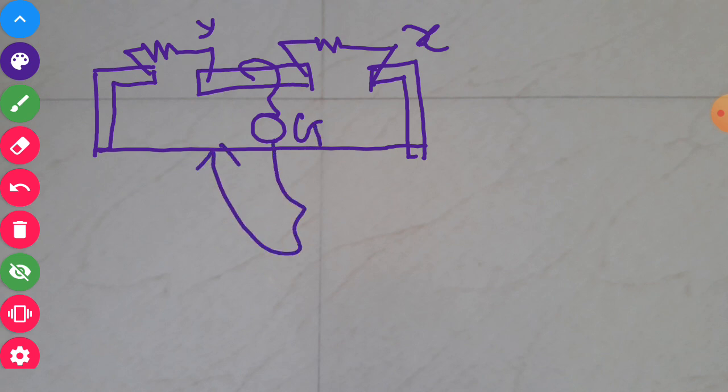Now we want to find out the balance point. So L1 we want to find out.